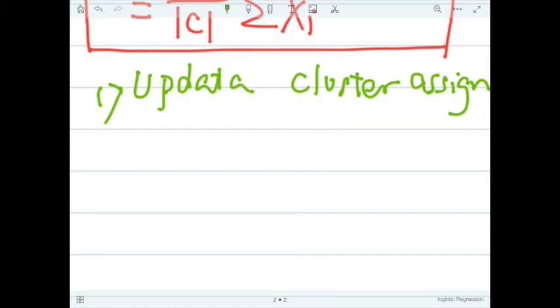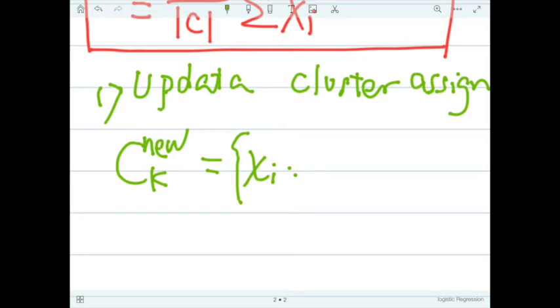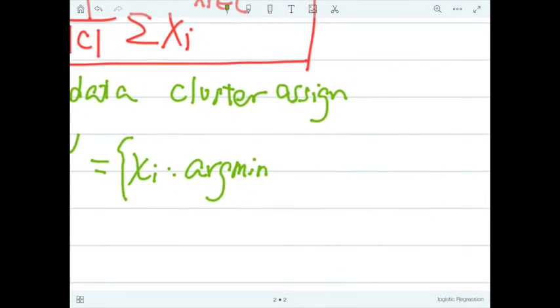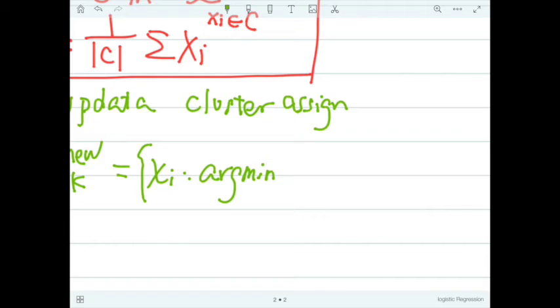Update the cluster assignment, okay? The new assignment should be this. For each data point, it should be assigned to the cluster. I mean, we need to use the prototype to represent that cluster.